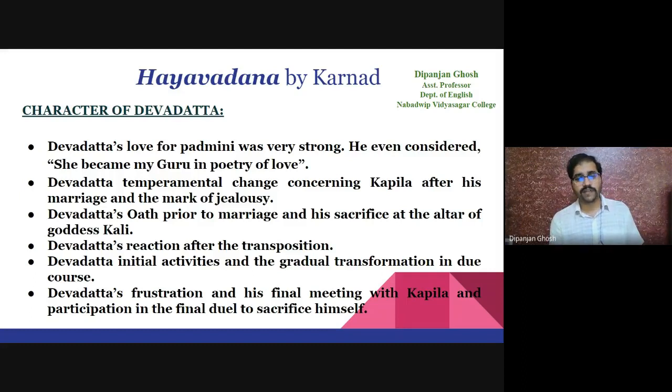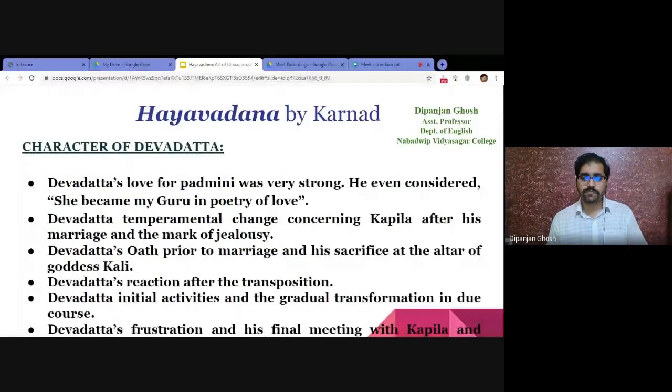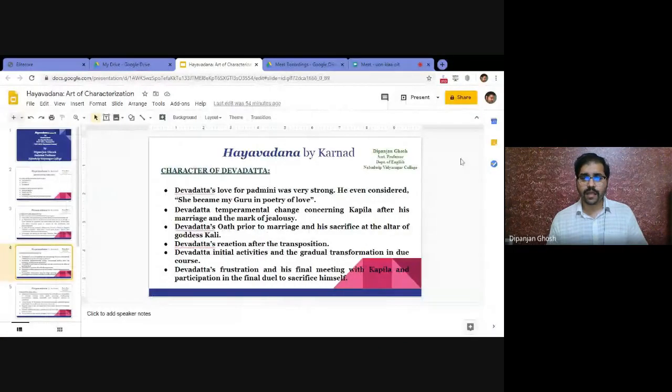So ultimately, the transposition section is very important so far as the change within the character of Devadatta is concerned, and we should deal with that. That is the ultimate section regarding Devadatta and his importance in Kannad's play, Hayavadana. So today, up to this, thank you.